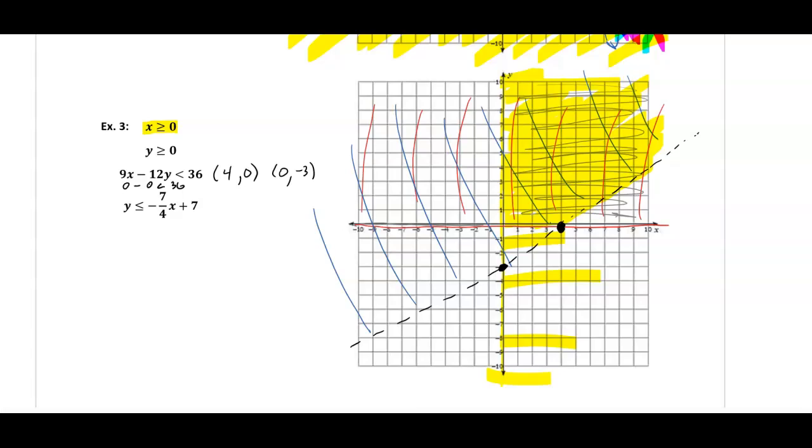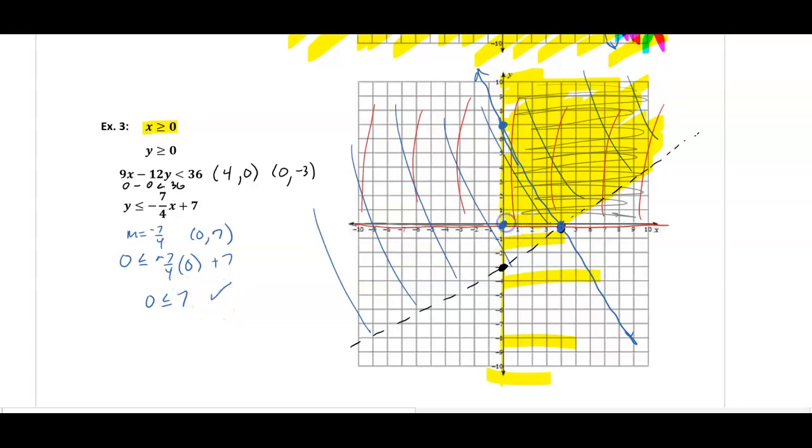So if I graph this last line, slope negative 7/4, y-intercept (0, 7). I'm going to go down 7, right 4. That's right here. I know it's going to be a solid line. And if I plug (0, 0) in, is 0 less than or equal to negative 7/4 times 0 plus 7? Is 0 less than or equal to 7? Yes.